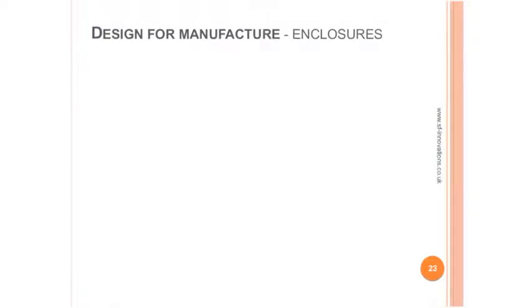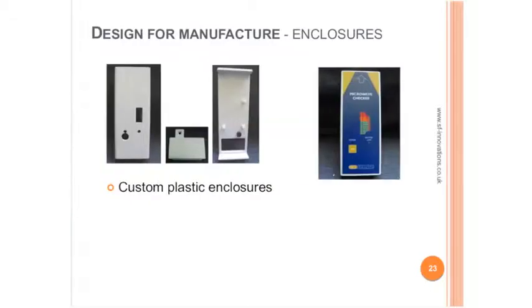In my own experience, I've worked mostly on industrial products, not necessarily consumer products, and this has opened other options up for me in terms of enclosures. Custom plastic enclosures is quite a unique process. Certainly there are a couple of companies in the UK that provide this, and it starts off life as a single sheet of plastic.